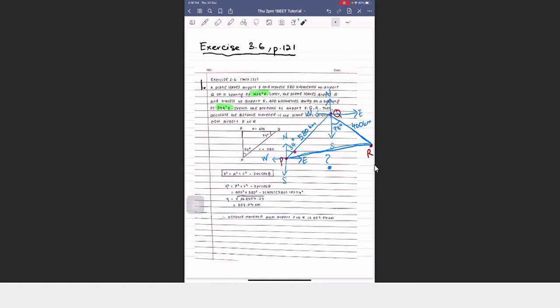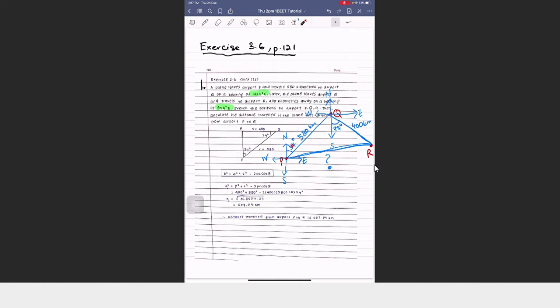Whatever it is, this one actually no need, because these two sides are known. And if you know the whole angle, then you have case 3 of your oblique triangles: side, angle, side. This is what we call the included angle.